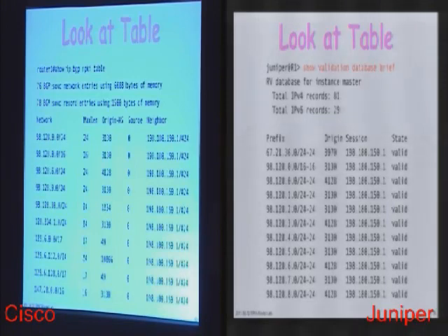I believe that's what that's showing. Hannes has a whole lot more state for dealing with the caches that he makes visible than the Cisco implementer does.